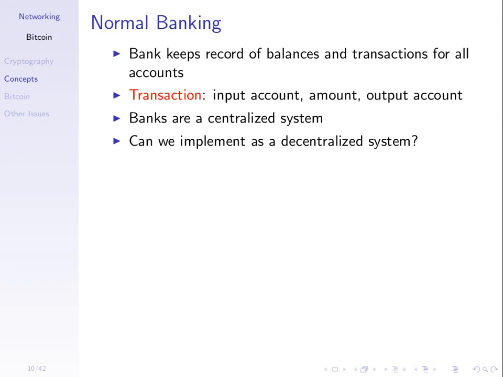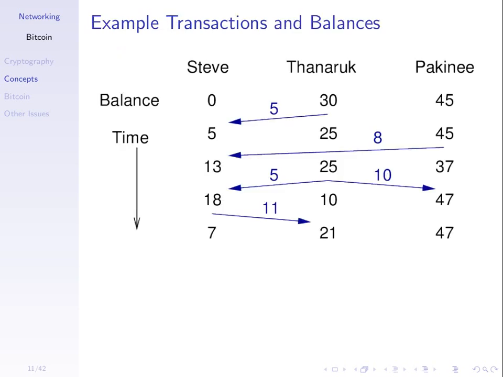A bank won't let you spend more than your balance. So what Bitcoin tries to do is create a decentralized system with no bank involved, but still has those features. Let's go through and look at transactions, and then we'll see how that's implemented.